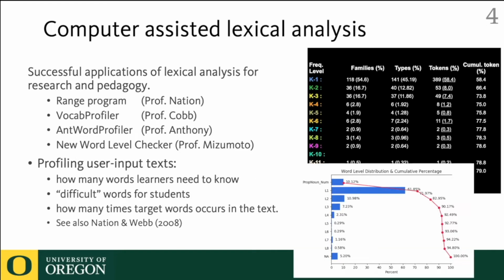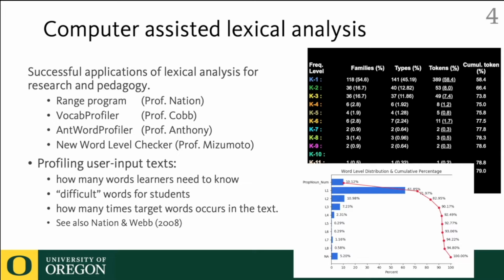So what we're going to talk about today is the computer-assisted lexical analysis tool. These have provided important information in second language research and pedagogy. Many software programs have been developed, such as Range, Vocab Profiler, Word Profiler, and New Word Level Checker.